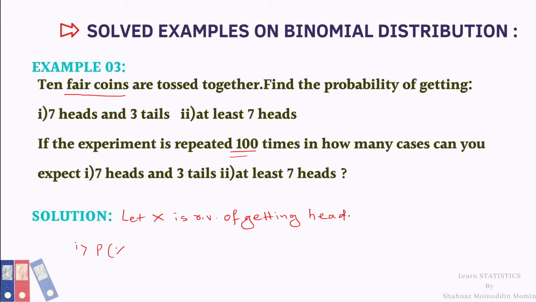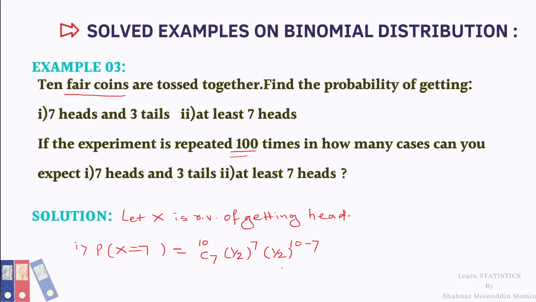Probability X equal to 7 means probability of getting 7 heads, and the remaining 3 are of course tails, is equal to 10C7 (1/2) raised to 7 into (1/2) raised to 10 minus 7.